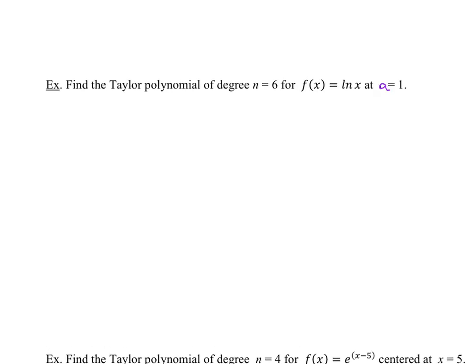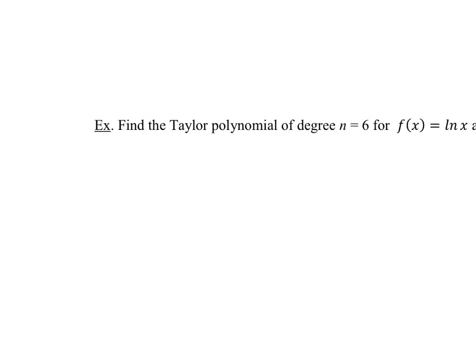So I need derivatives. So I'll start with the original function. I'll leave a little space. f prime of x is 1 over x. But since I know I have to take the derivative again, x to the negative first.